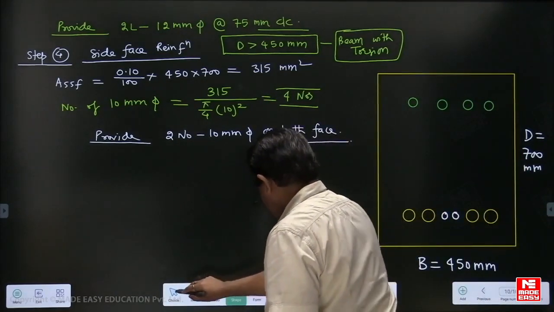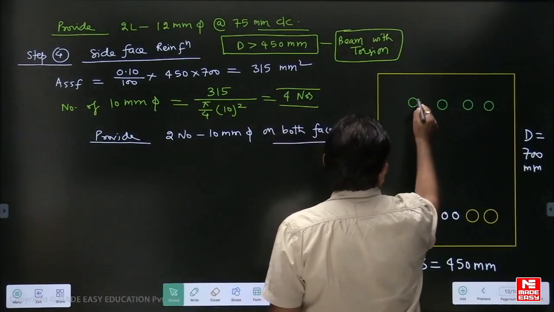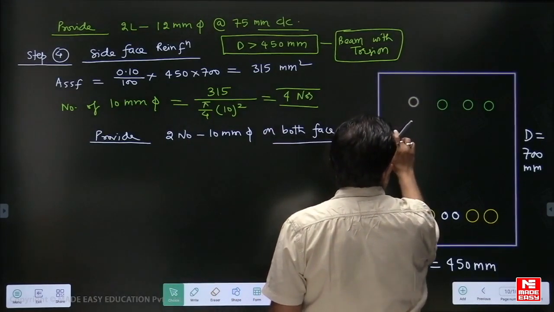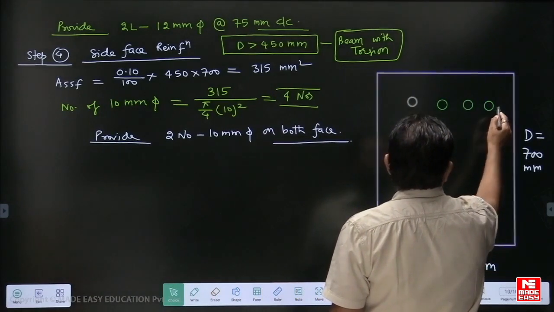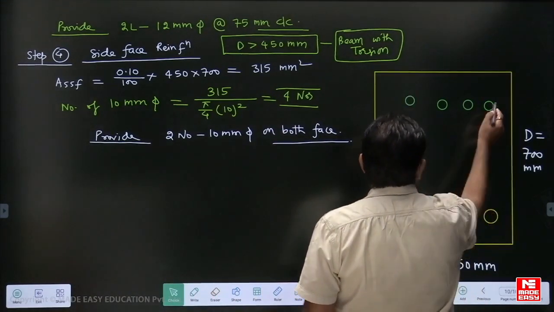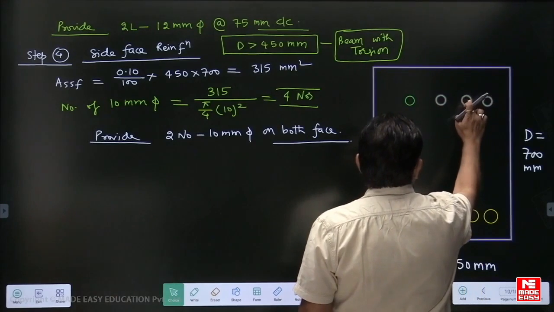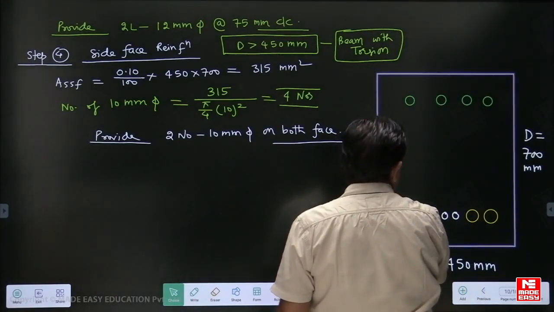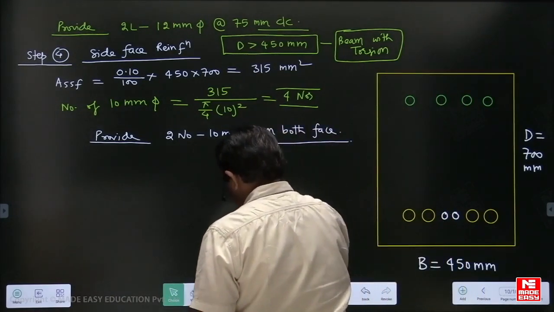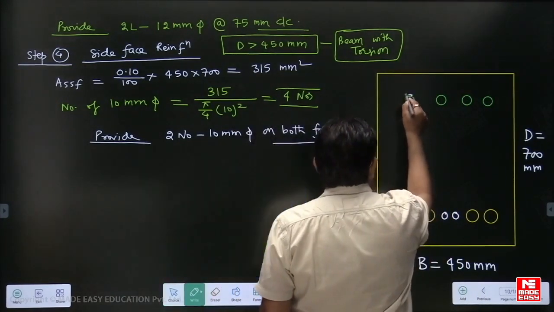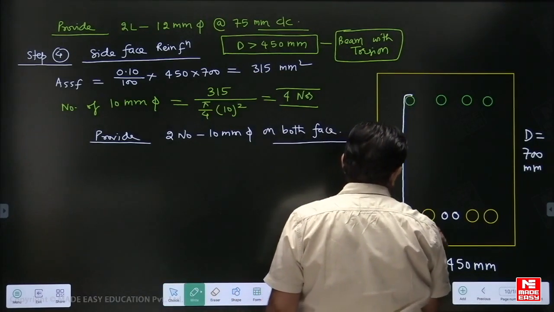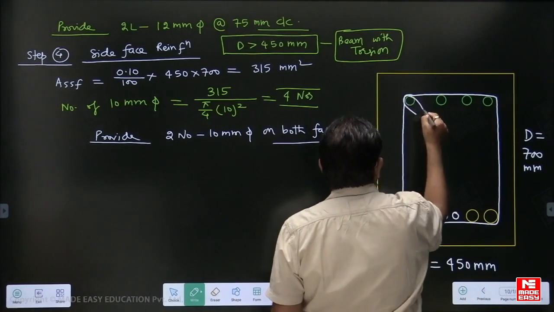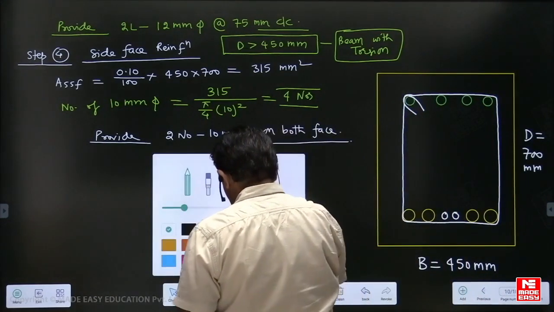These are 4 reinforcement. Like this. Okay, let's draw it by hand. And then this is your stirrup. You can provide it like this.